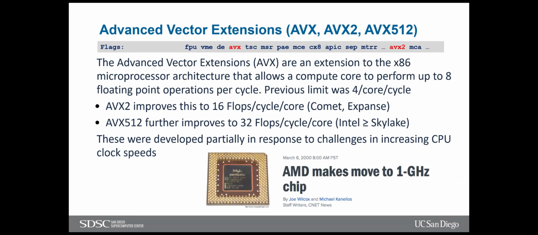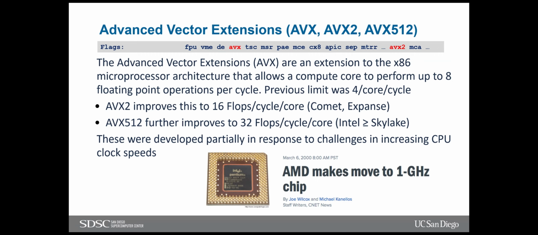At the tail end, we were talking about the flags. There were 2 flags I wanted to talk about that were mentioned for Expanse, AVX and AVX2. AVX stands for Advanced Vector Extensions, and they're SIMD extensions specifically for AMD and Intel processors.